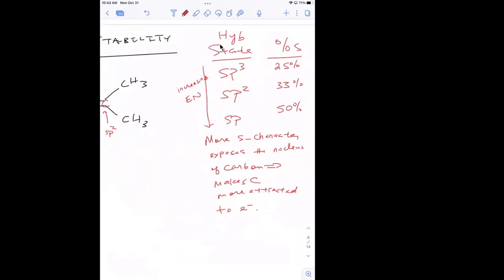So that's how the electronegativity goes up, because the nucleus is a little bit more exposed. The carbon itself becomes a little bit tighter and harder. So with the nucleus more exposed, it's more attracted to electrons.